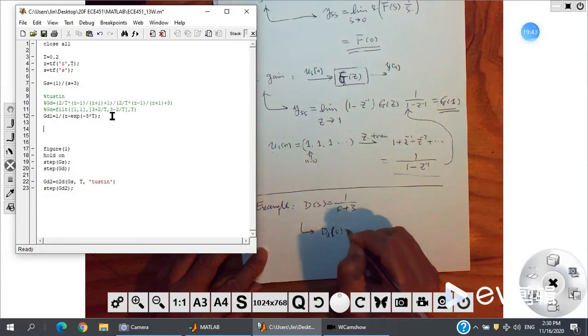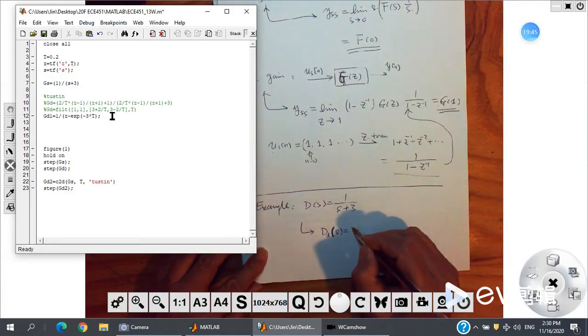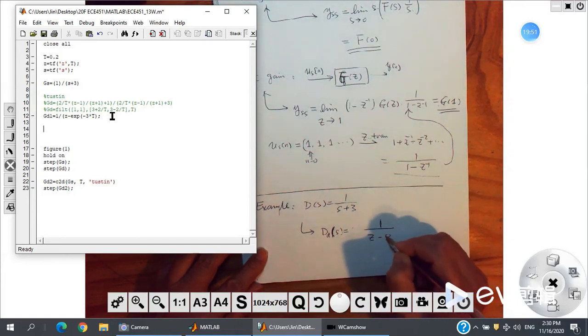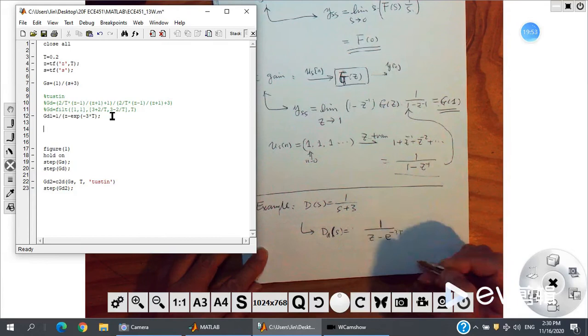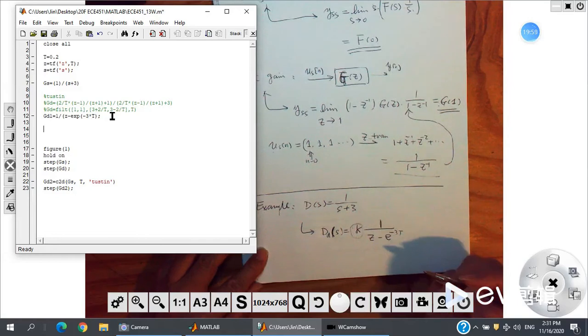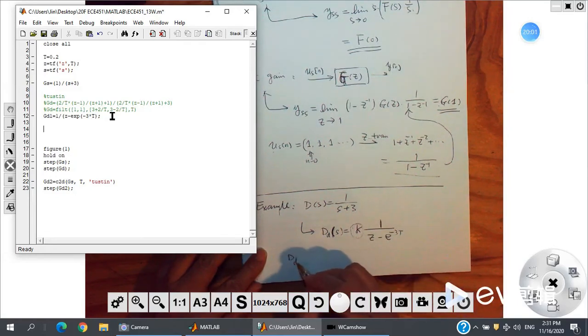DDS, I need this, no zero, and the pole is this one, z minus e to the negative 3t. And here we need a number. So I say this is a k. Then d1 will equal to d0. Right, we wanted the DC gain the same.